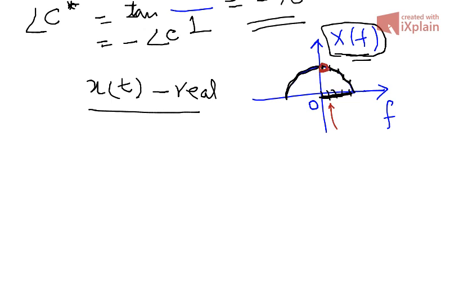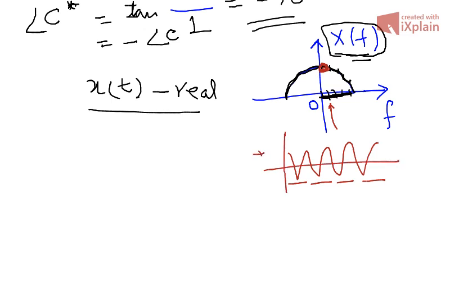It's 1, 2, 3, 4 cycles. It has a certain magnitude, which will scale up its amplitude. It may be some value a, minus a, right? This corresponds to this scaling.